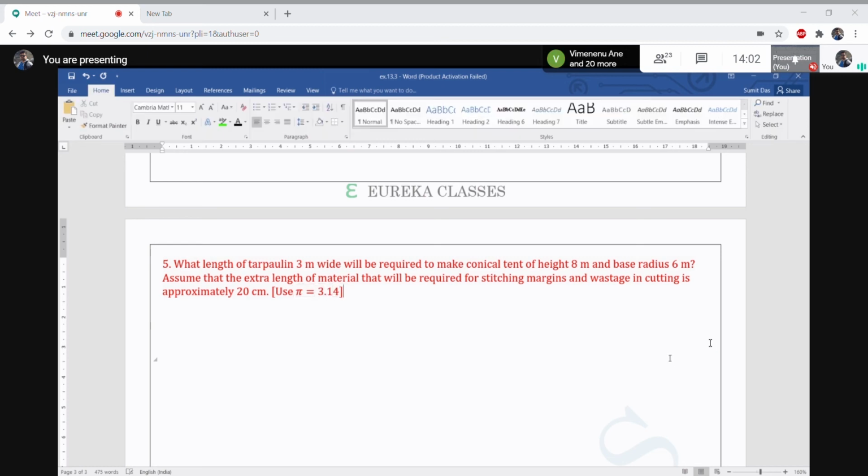Okay, we have to use pi equal to 3.14, right? So let's do here what is given: the length of tarpaulin 3 meter wide required to make a conical tent of height 8 meter and base 6 meter. So height and base given, we have to find the slant height L, right?